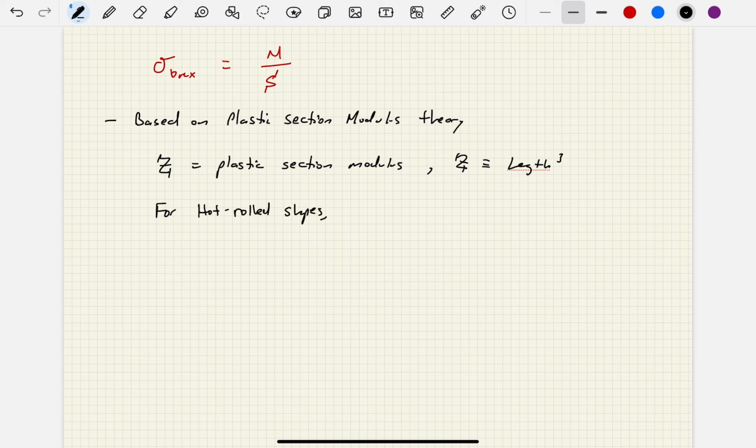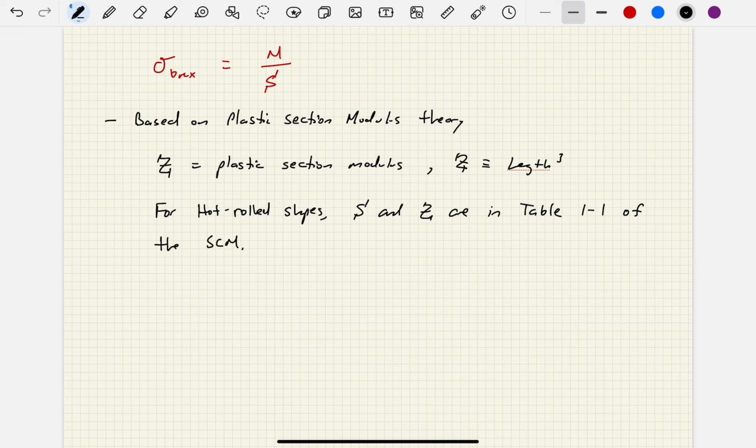All right. And so for shapes, both S and Z are in table 1-1 of the Steel Construction Manual, okay?